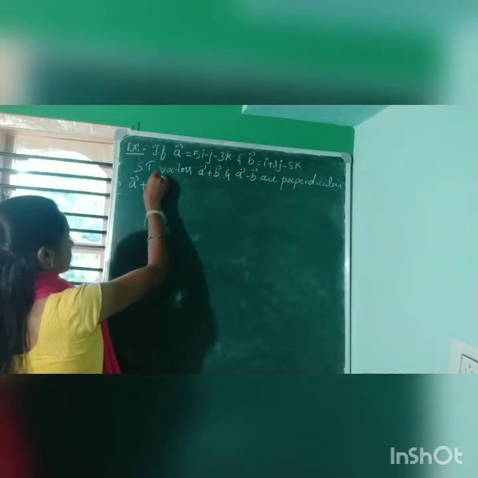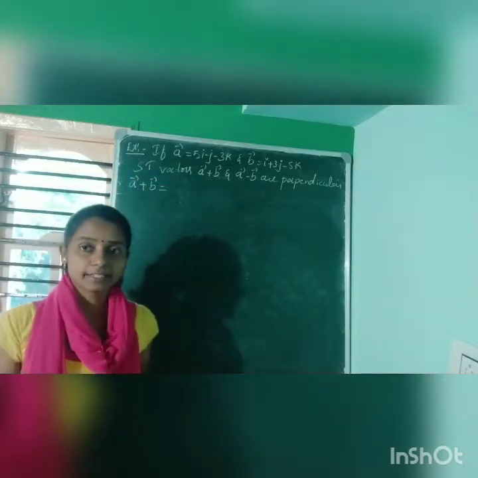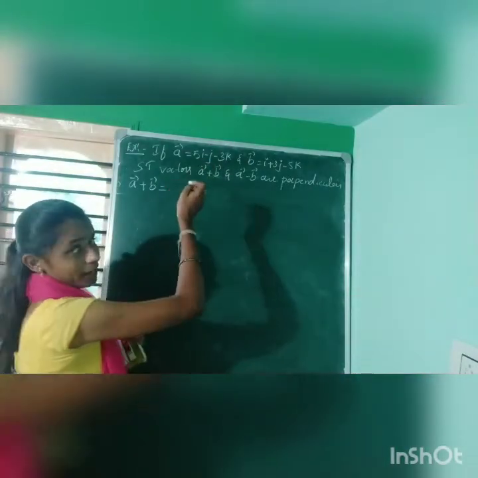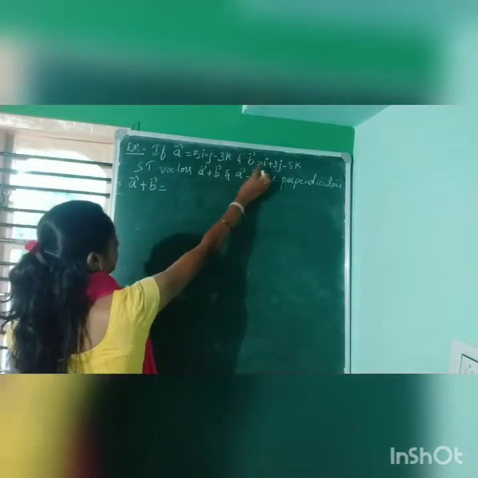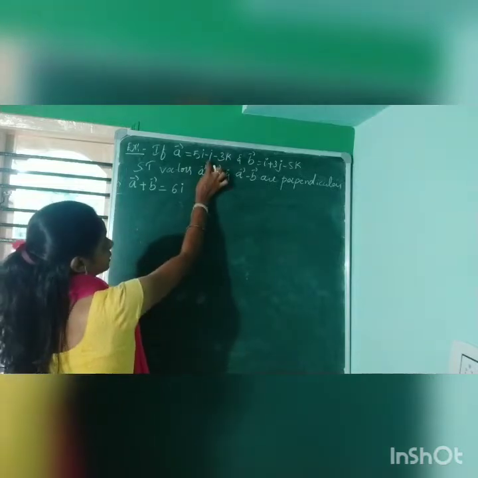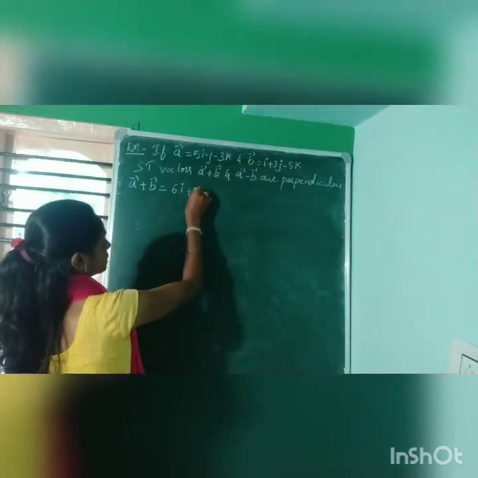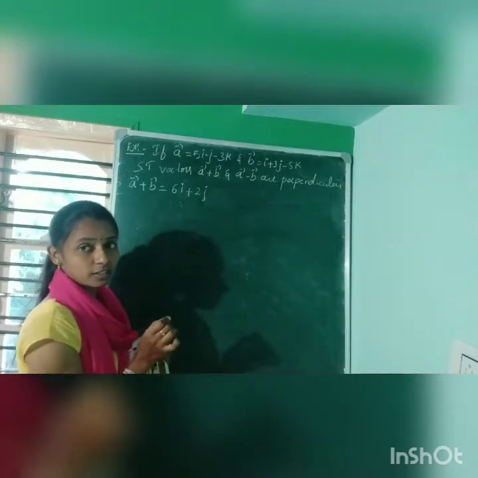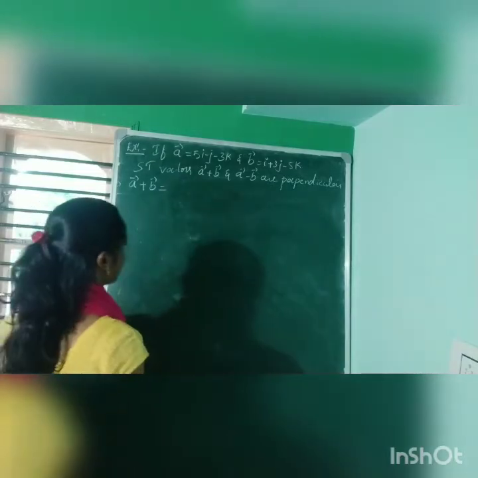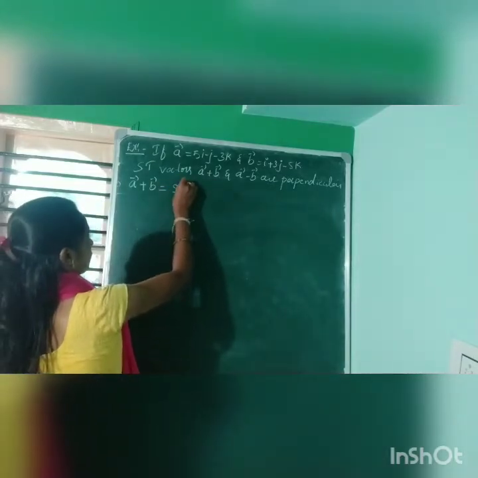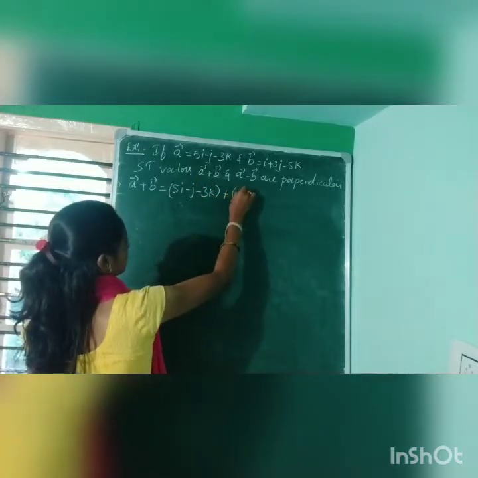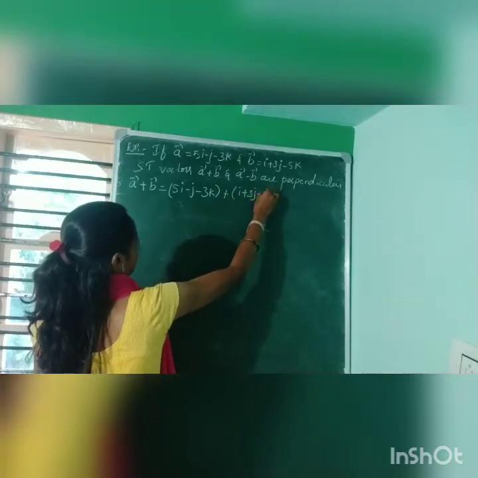Vector A plus vector B is nothing but you just add the respective ijk components. So A vector is 5i minus j minus 3k, plus i plus 3j minus 5k.